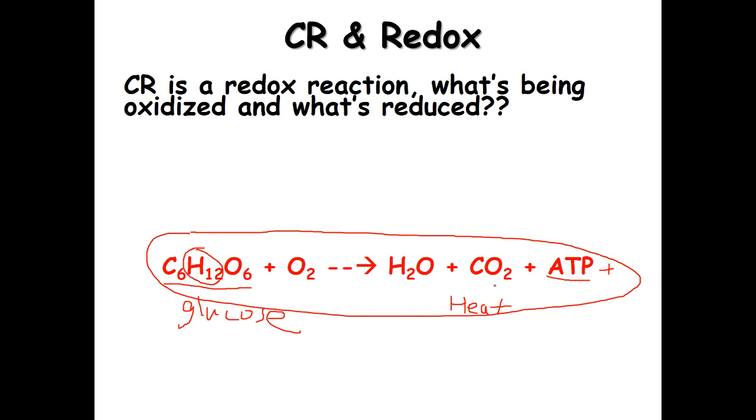So glucose ends up becoming CO2. All the hydrogen here will go to oxygen, and that will become H2O. Can you see that? This is the O from oxygen, and all the H is from this. And then when this is all gone to oxygen, it ends up with CO2.